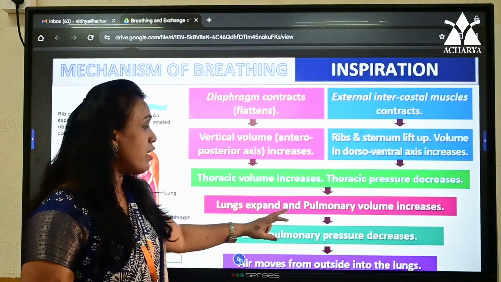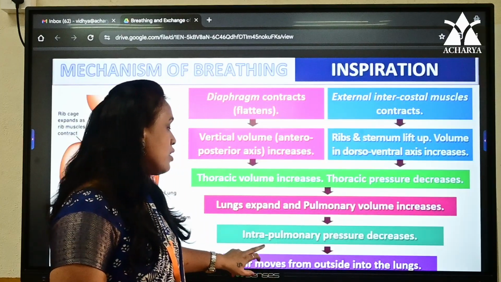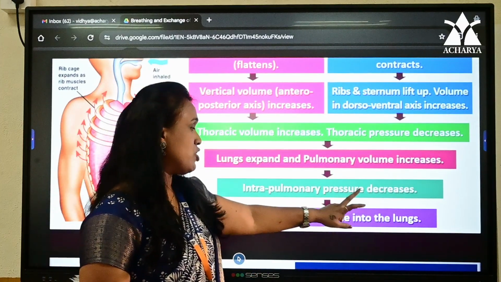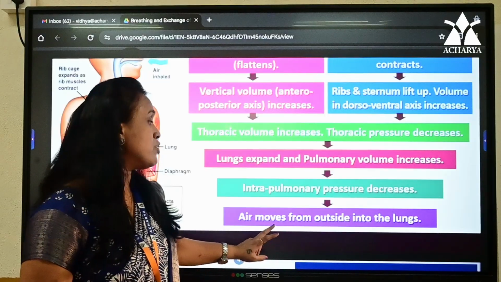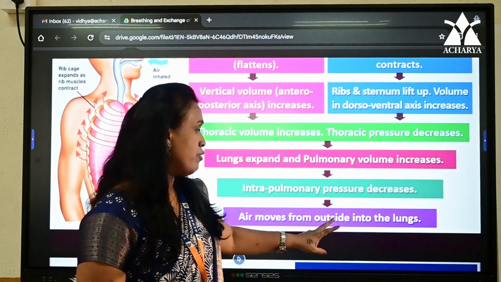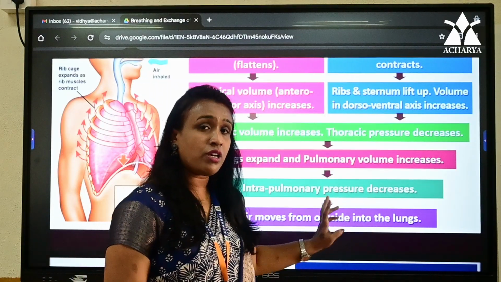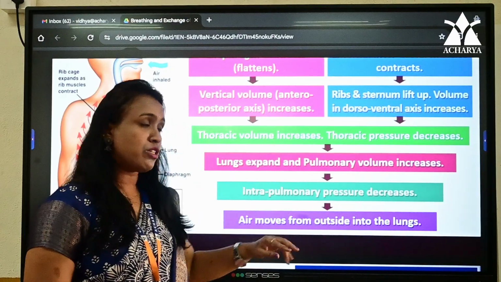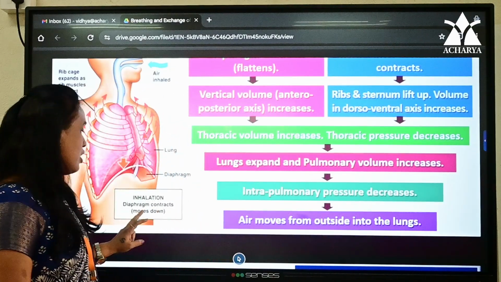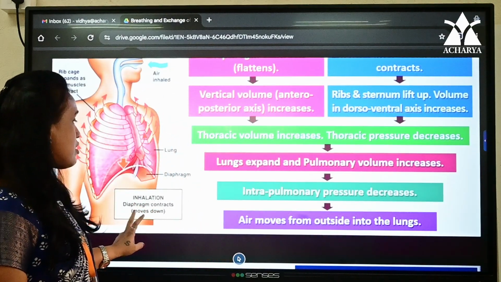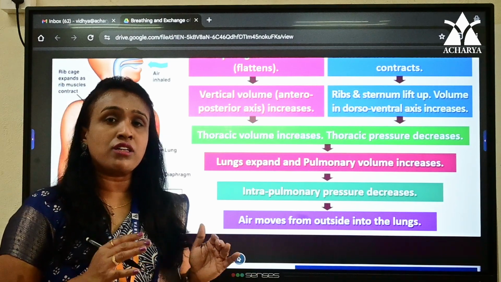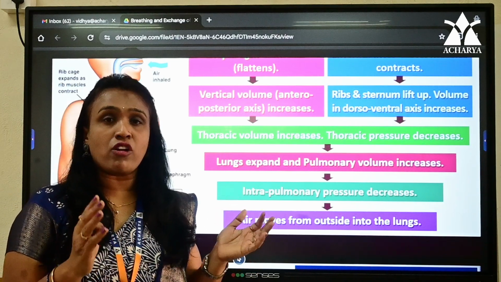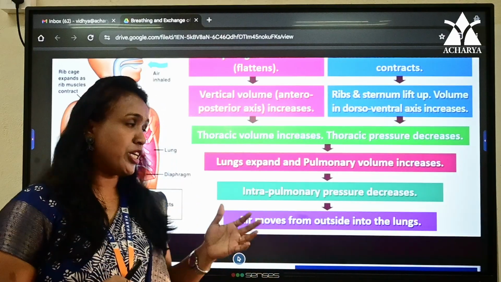So lungs expand and the pulmonary volume increases, hence intrapulmonary pressure decreases. Air from the higher atmospheric pressure outside moves into the lungs. So in inhalation, the diaphragm contracts and moves down, attaining a flattened shape. Otherwise the diaphragm has its normal shape, or dome shape.